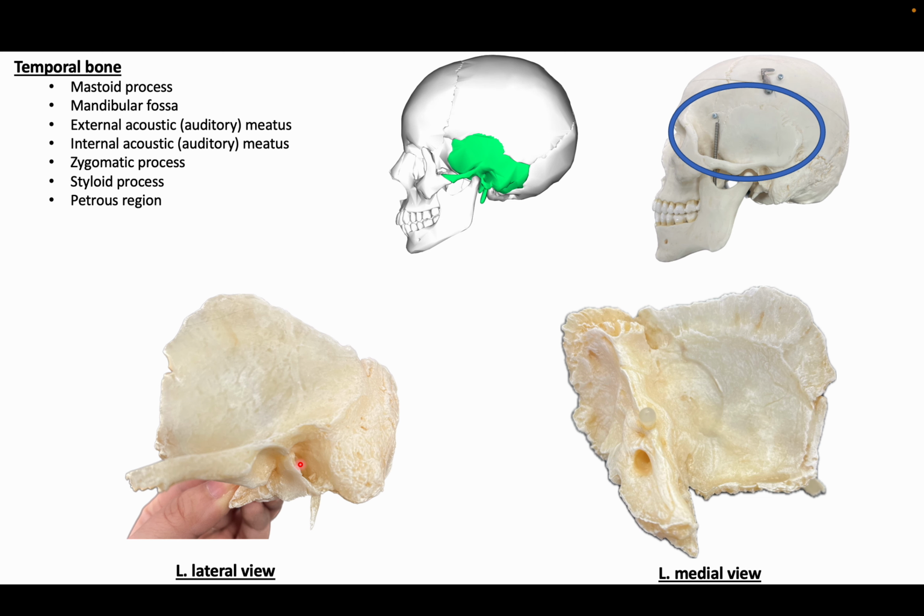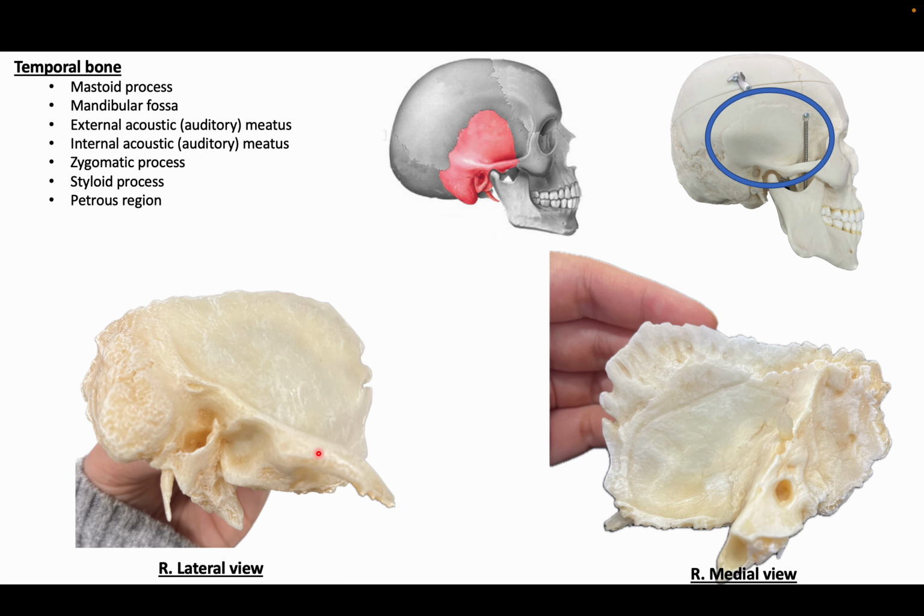If you take a look at the left temporal bone, now the zygomatic process is pointing to the left hand side. So this is the left temporal bone. Okay? And also this is the lateral view. So let's go ahead and move back to the right temporal bone and go over the structures.